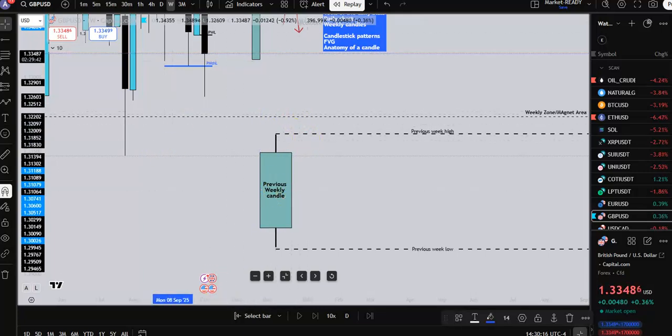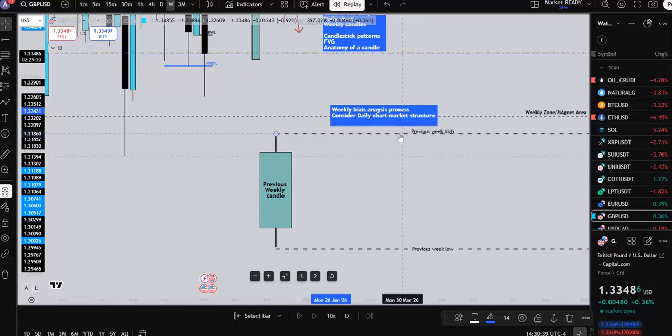weekly bias analysis process. First, consider the daily chart market structure. If we are making higher highs and higher lows.